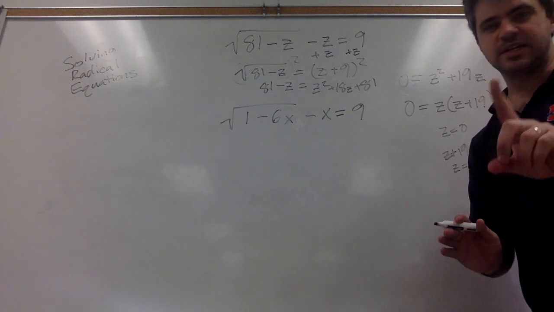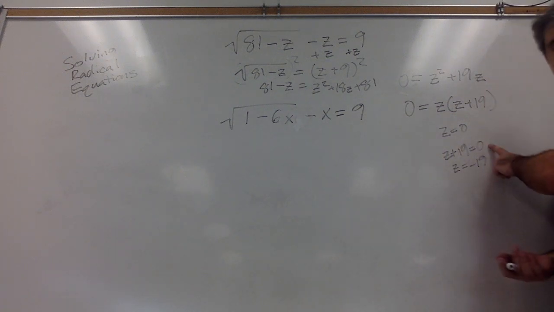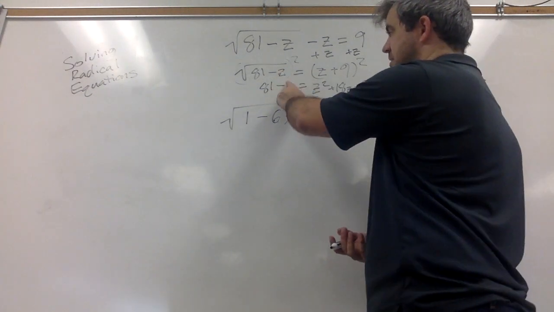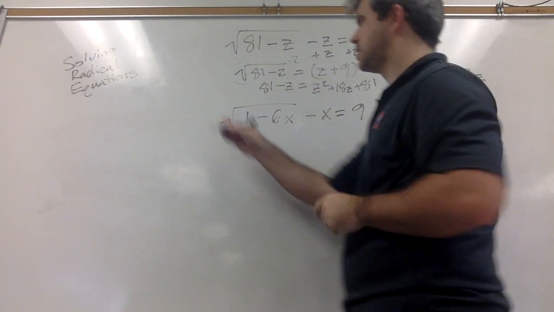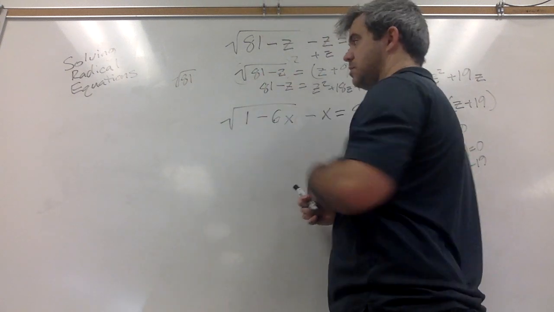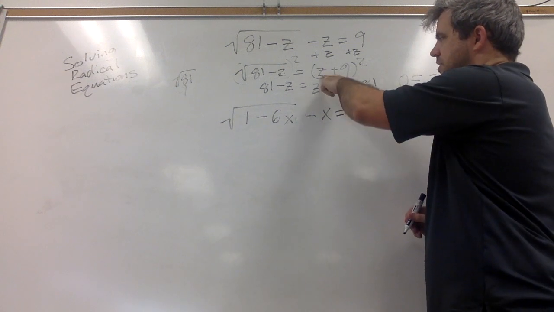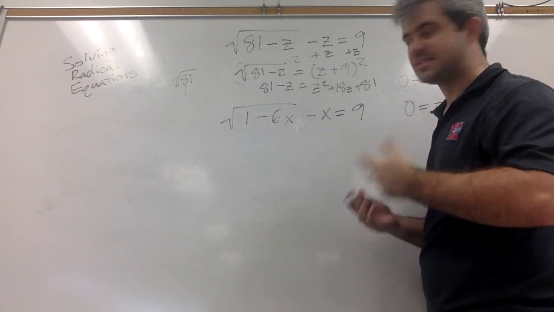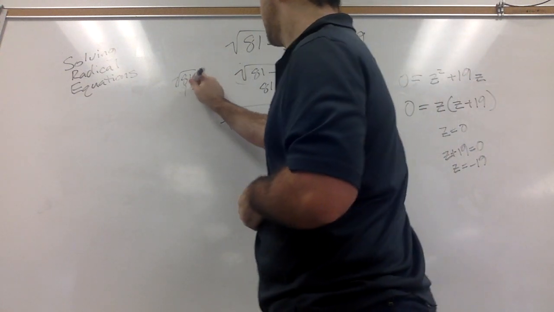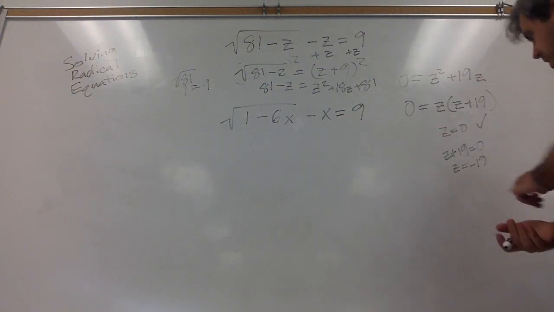Wait. We need to check these solutions and make sure they work. So I'm going to go ahead and put the 0 back in. So the square root of 81 minus 0 is 9. 0 plus 9 is 9. 0 is a valid solution.